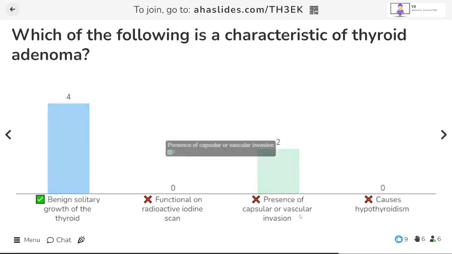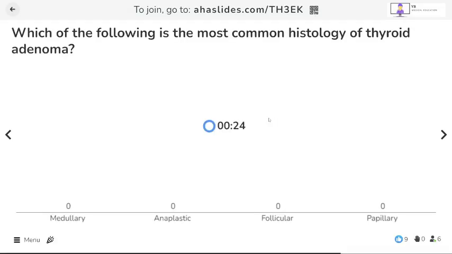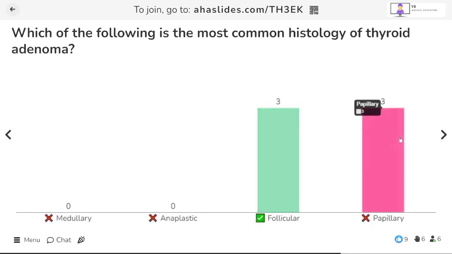Absence of capsular or vascular invasion. This is thyroid adenoma. Yeah, the thyroid adenoma.